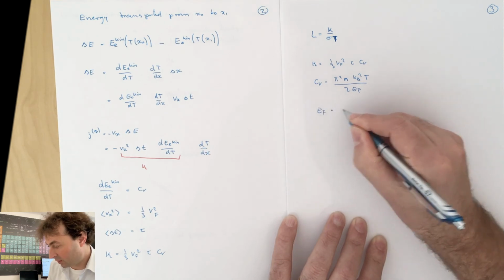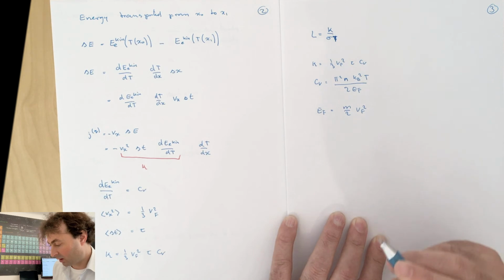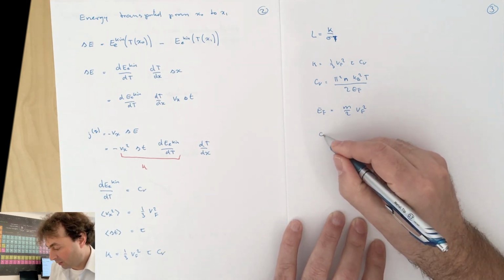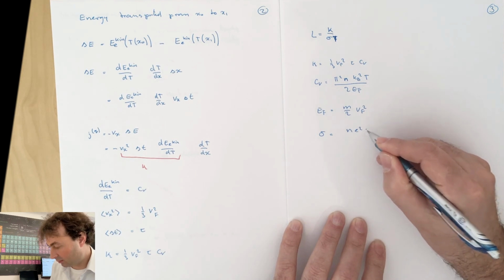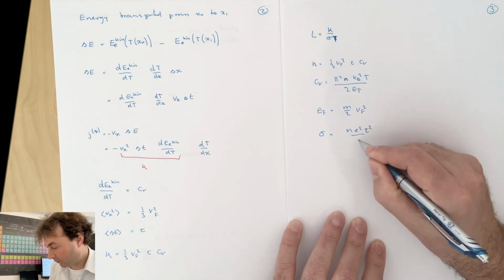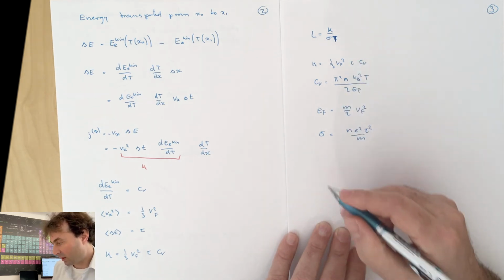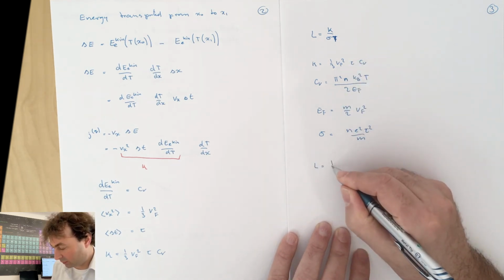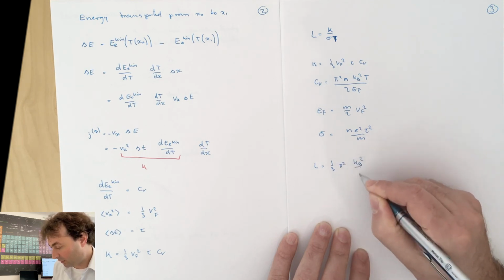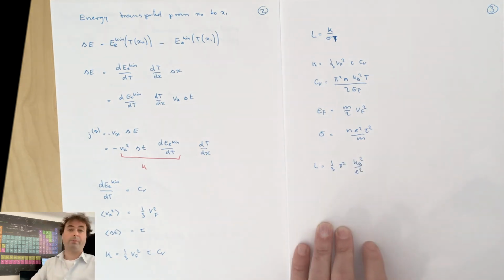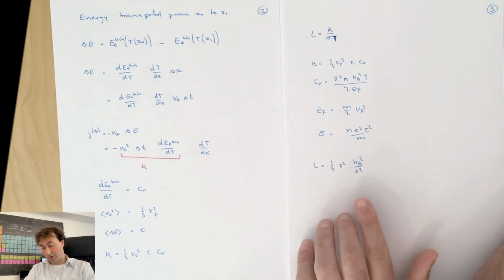The Fermi energy can be expressed in Fermi velocity, E is 1/2 m v squared, and the conductivity from one of our previous videos, n e squared tau over m. If we put all those equations in, we will find that the Lorentz number is 1/3 pi squared k Boltzmann squared divided by e squared. So perfectly given by fundamental constants.